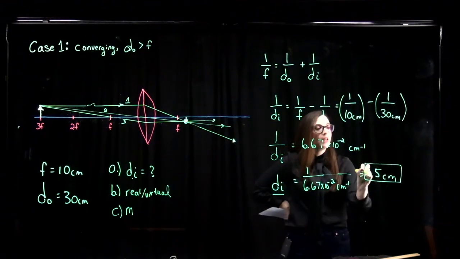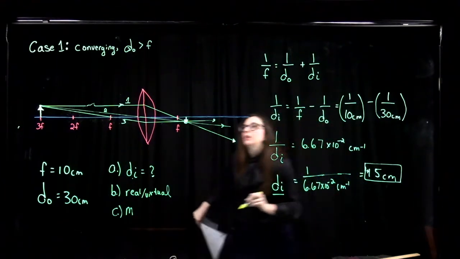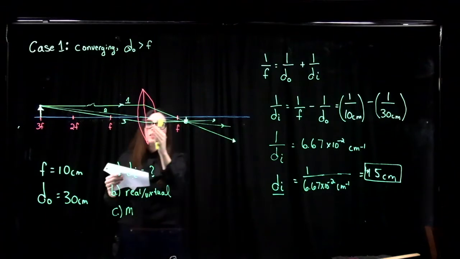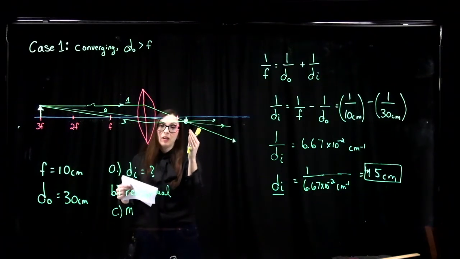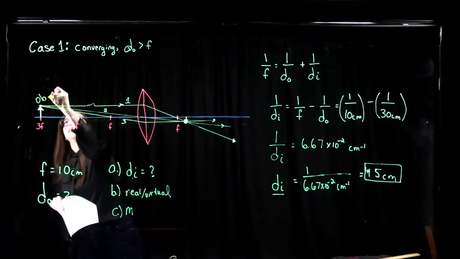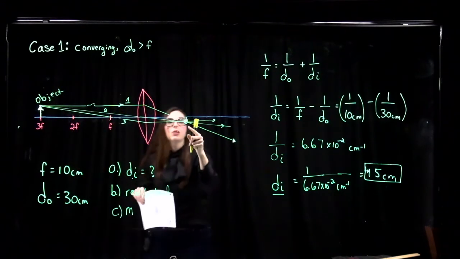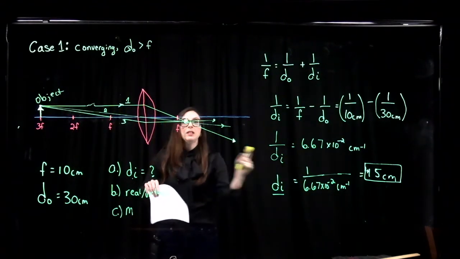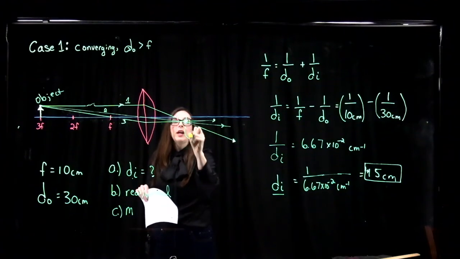And if this number is positive, that means that my image is on the opposite side of the lens from my object. So if this was my object, my image is over here. I'm seeing that it's at 15 centimeters, and I drew my ray tracing here.